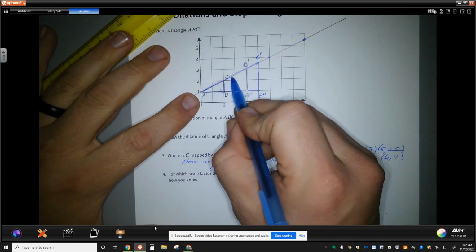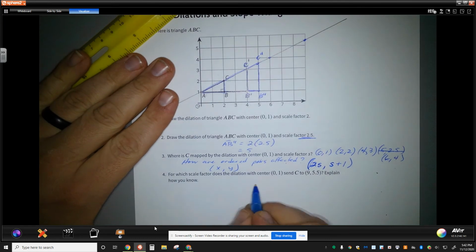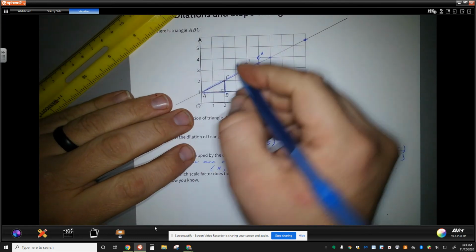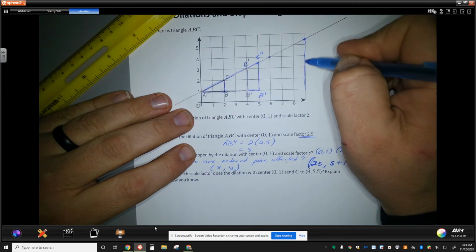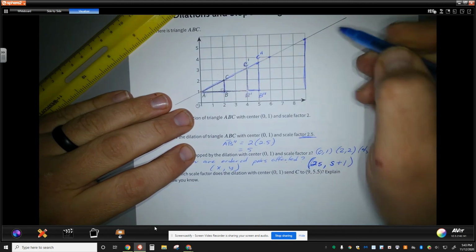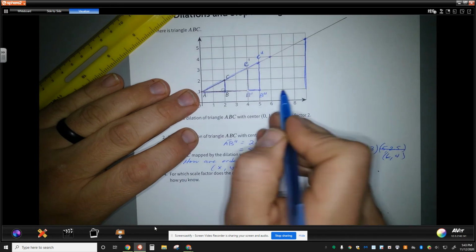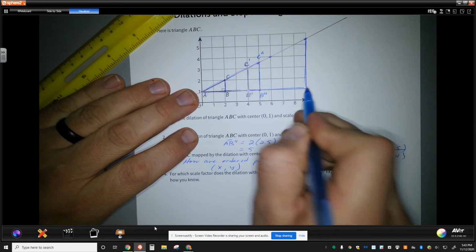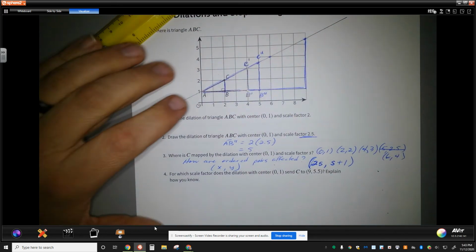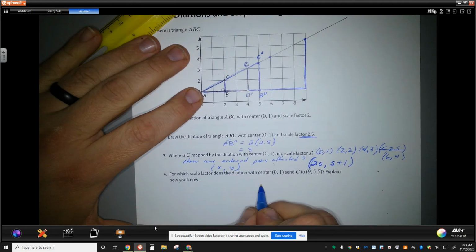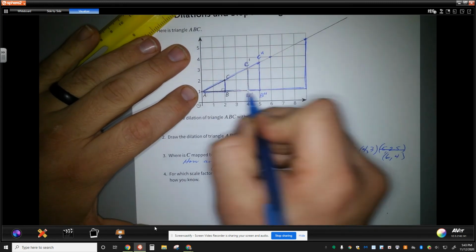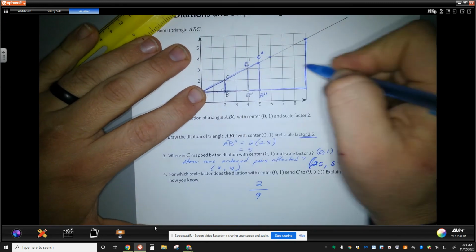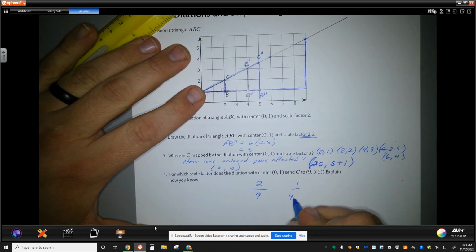We could sit there and measure it all out, or we can look at the distance from here to here and try that. Or we can look at this distance from here to here, because we're talking about similar triangles. So we are going from 2 out to 9, and we are going from 1 to 4.5.